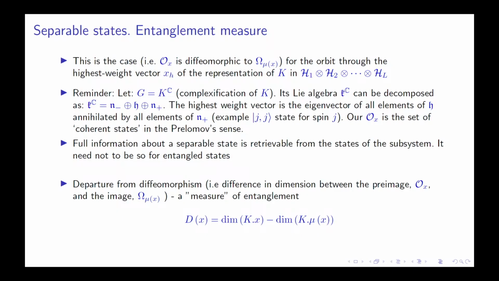There is a discrepancy, or difference in dimensions, of these two orbits: one orbit which is in the phase space, our space of states, and the other in the space dual to the Lie algebra. So you can define the difference between the two as a kind of entanglement measure, a discrete one because these are natural numbers, and this is a kind of measure you can find from the momentum map.